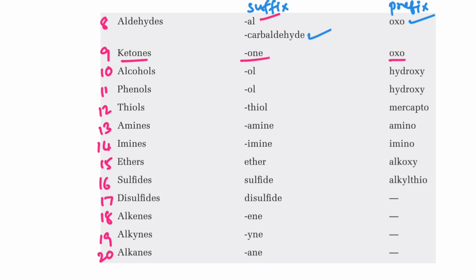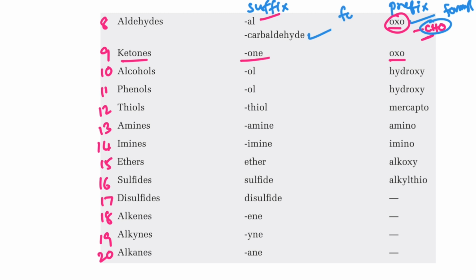Now you may be confused here. The word oxo is here, and here also. Here also one rule is there. For aldehyde, when this carbon is counted in the principal carbon chain, then we have to use oxo. When this carbon is not counted, at that time you can use formyl.